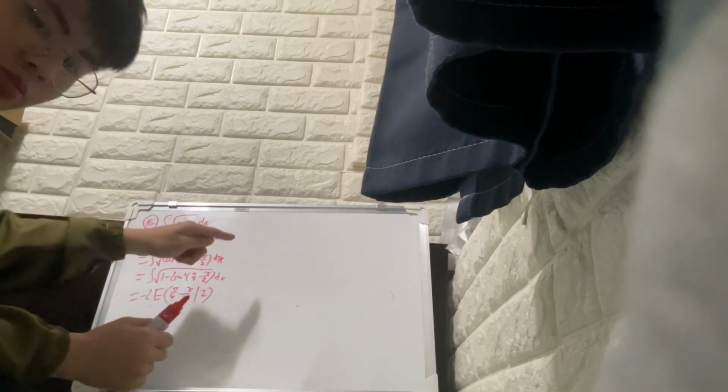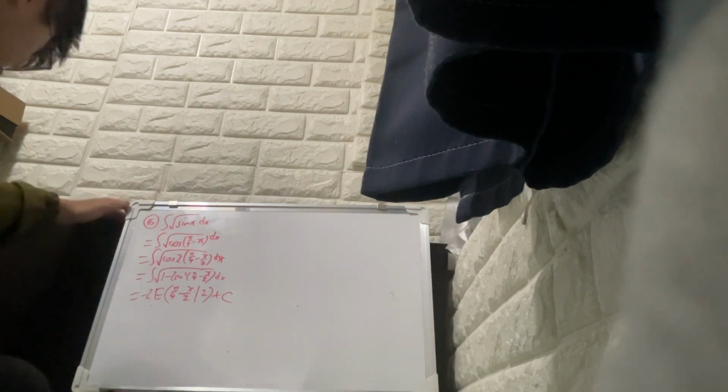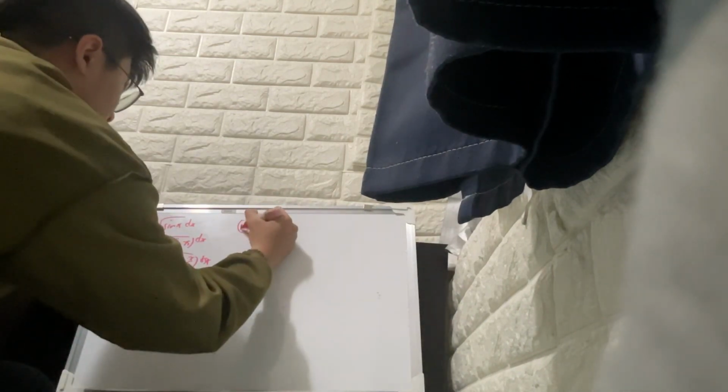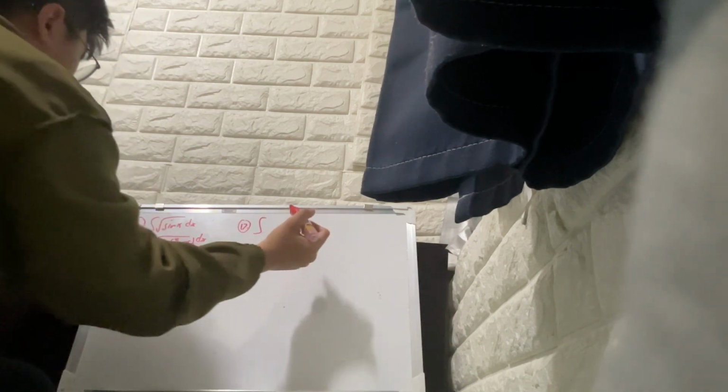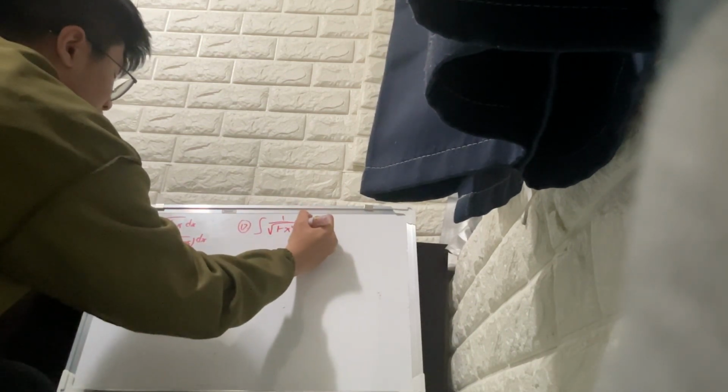Because you need to move it to the other side, right? You just get a negative 2 here. So that's our answer. This looks weird, but this is our answer. Number 17 is even more weird. The integral of 1 over square root of 1 minus x to the power 4.